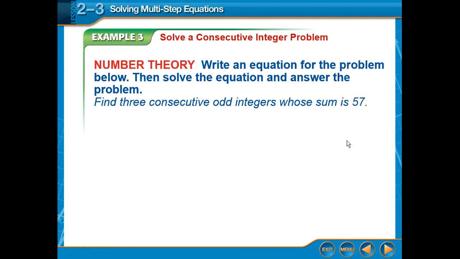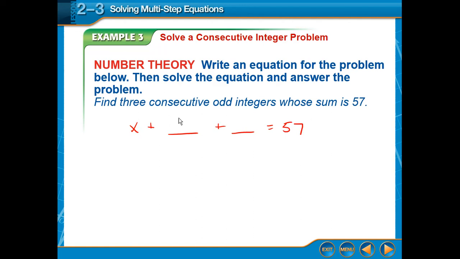Okay, so if we want to use this information to write an equation for the problem below and then solve the equation and answer the problem. We want to find 3 consecutive odd integers whose sum is 57. Let's say that my first odd integer is x. And there's sum, so it means we're going to be adding them up. There's 3 of them, and they're going to all add to 57.